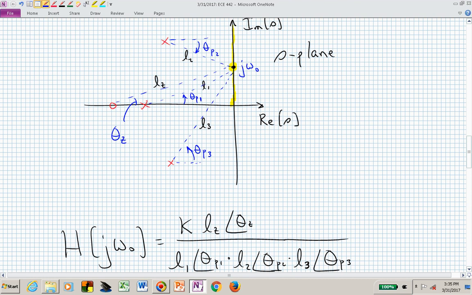We can measure the distance from the poles to that frequency. In this case, if we looked at the real pole on the left half plane, it's a distance of L1 from jω₀, and that's just the hypotenuse of this right triangle.